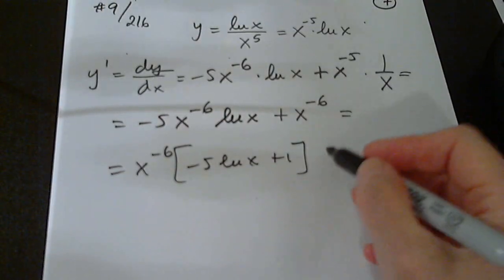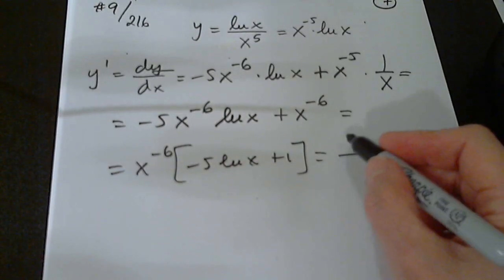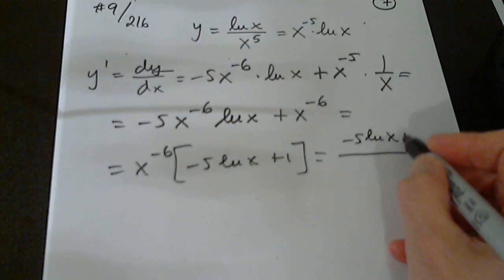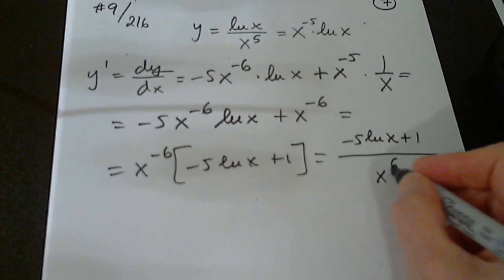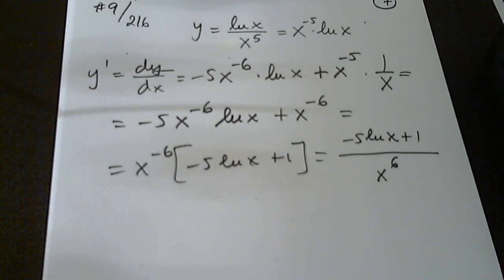Now you can go back and change it into a ratio if you want. No problem. Negative 5 natural log x plus 1 over x to the 6th. So in these situations, I recommend, use the product rule if you can, because it's a smoother ride. That's just my opinion.